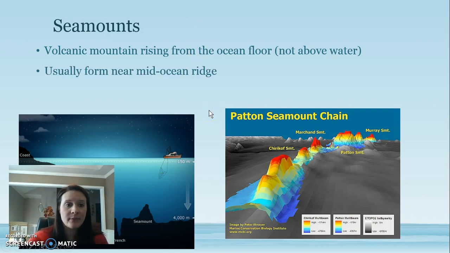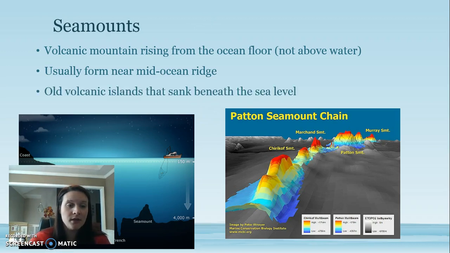They are usually around the mid-ocean ridge zone areas. What we think happened is that they used to be volcanic islands that stopped getting that source of volcanic material, and then just sank beneath sea level from weakening ground.